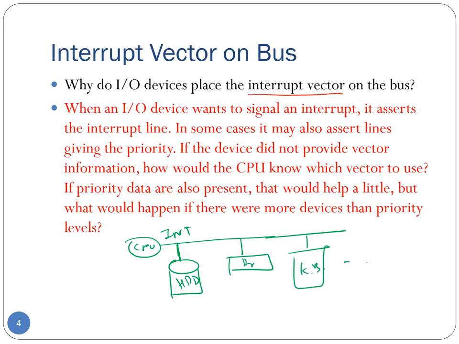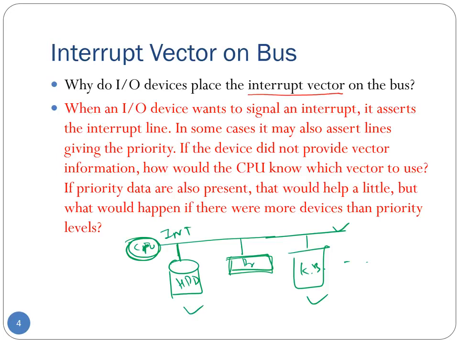There are so many IO devices connected to the same interrupt line of the CPU. Whenever any of these IO devices needs to send an interrupt to the CPU, it will have to assert a signal on this interrupt line. Now the problem is, the CPU receives the interrupt, but how does the CPU know which of these devices has caused the interrupt, whether it is the hard disk, a keyboard, or some other IO device?